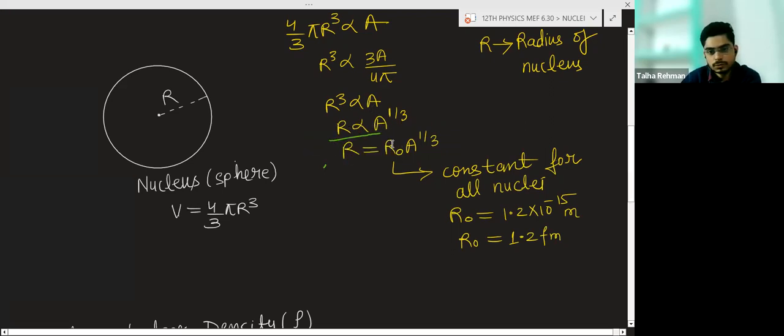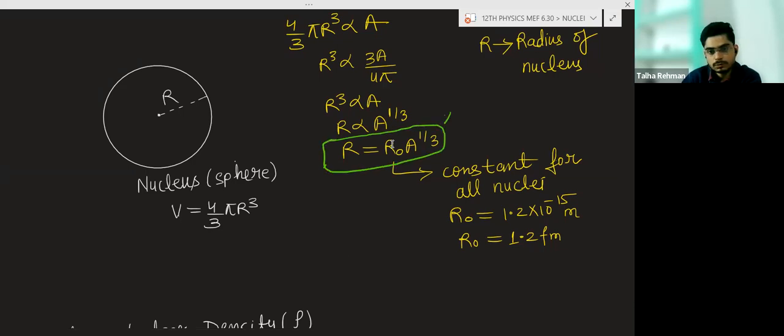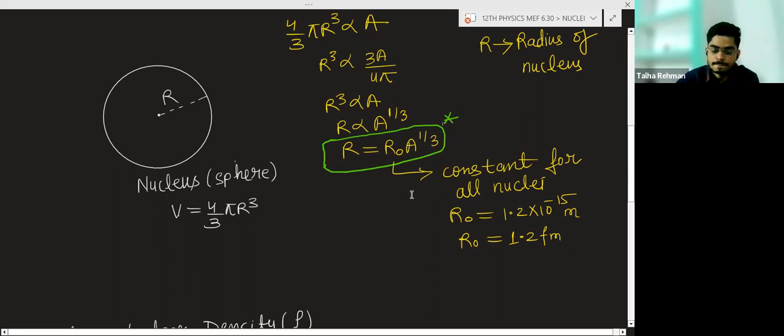Basically this is representing the size of the nucleus.